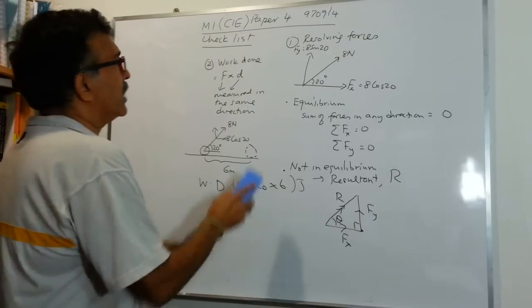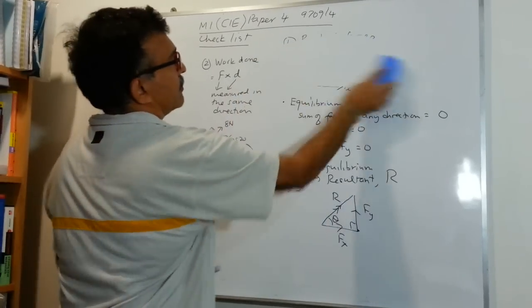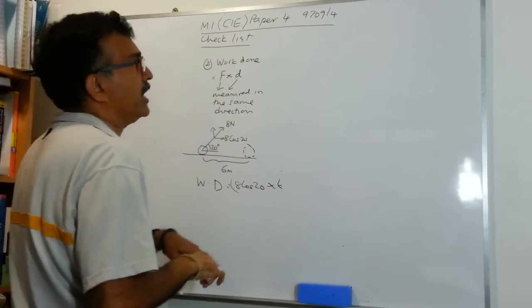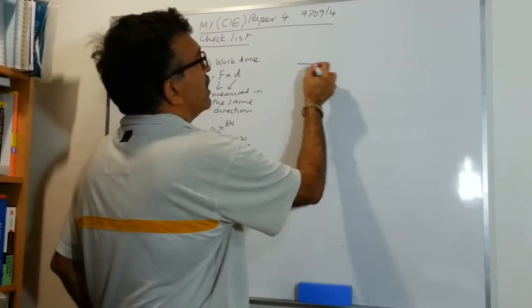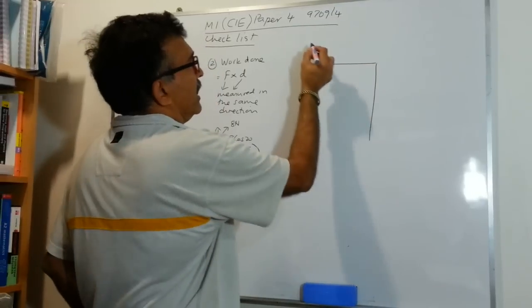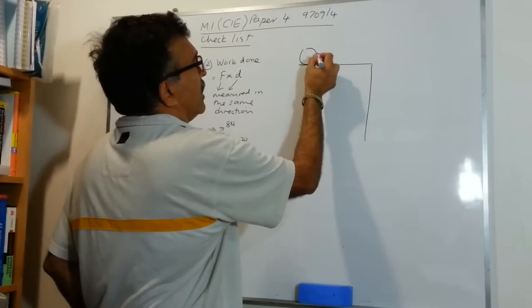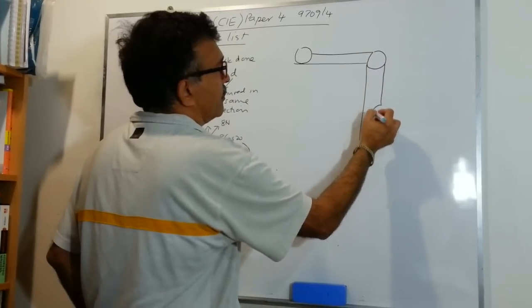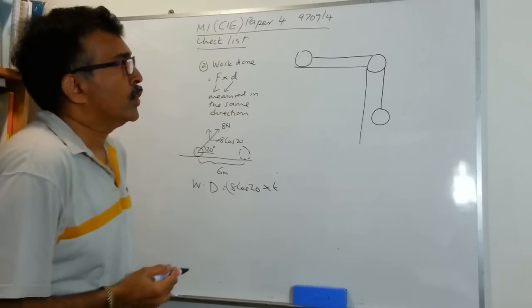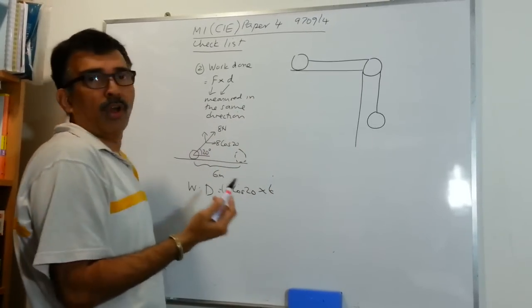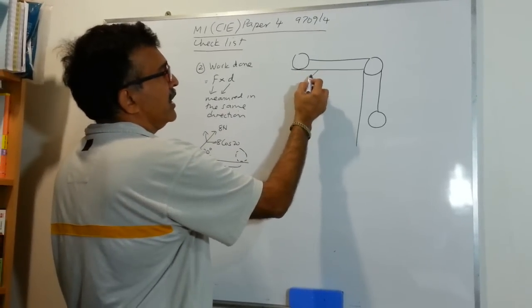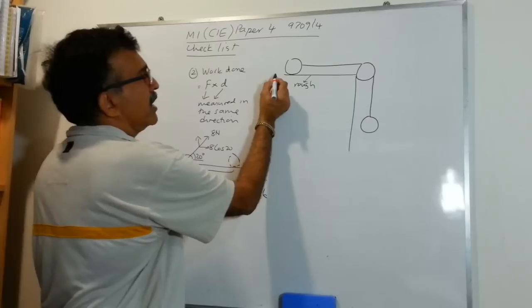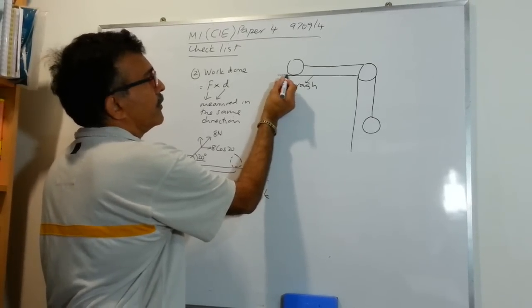The third thing that you need to keep in mind will be your pulley system. Let's say we have a table here, and an object, and then we have a pulley, and then we have another object here. Just to make it a bit more complicated, let's say the table here is rough.